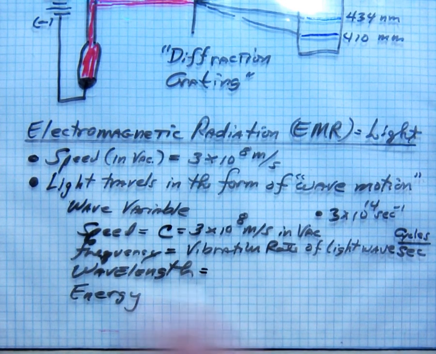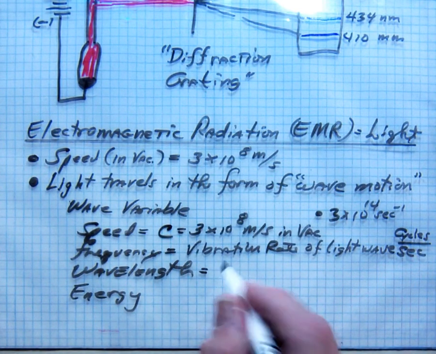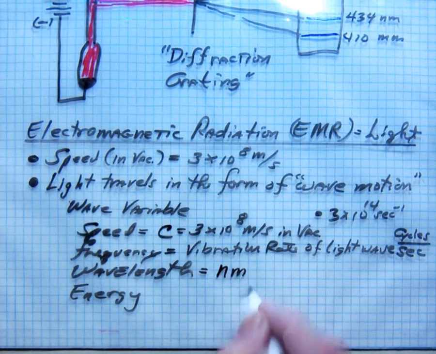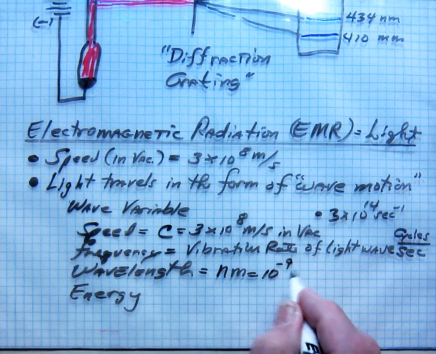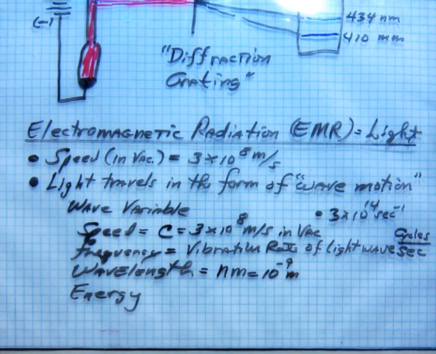Wavelength, of course, is in a linear context. In publications on wavelengths of light, you'll find it in various dimensions. The most common is nanometers, which is equal to 10 to the -9th of a meter. You will find it also in angstroms, which is 10 to the -8th of a meter.